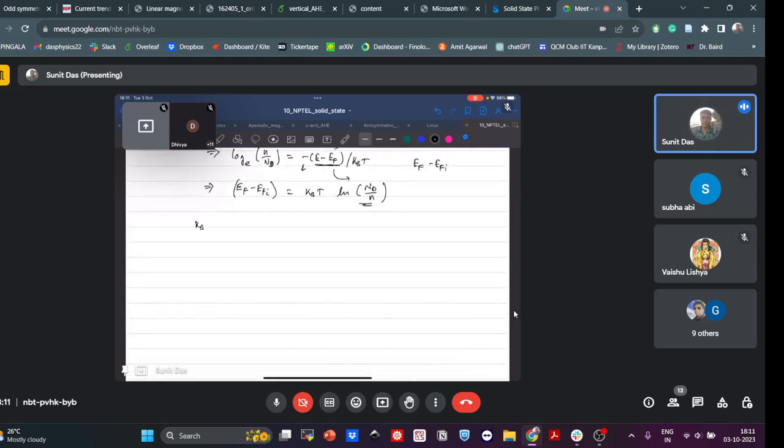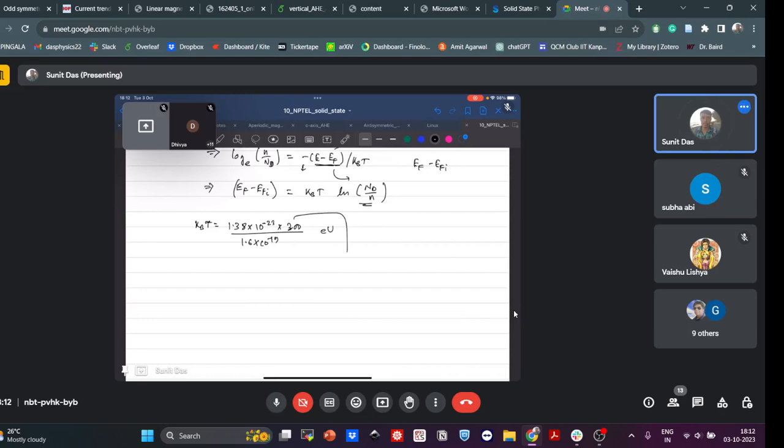So kBT at room temperature will be 1.38 into 10 to the power minus 23 into 300 Kelvin, and if we take in eV, then divide by 1.6 into 10 to the power minus 19, right?